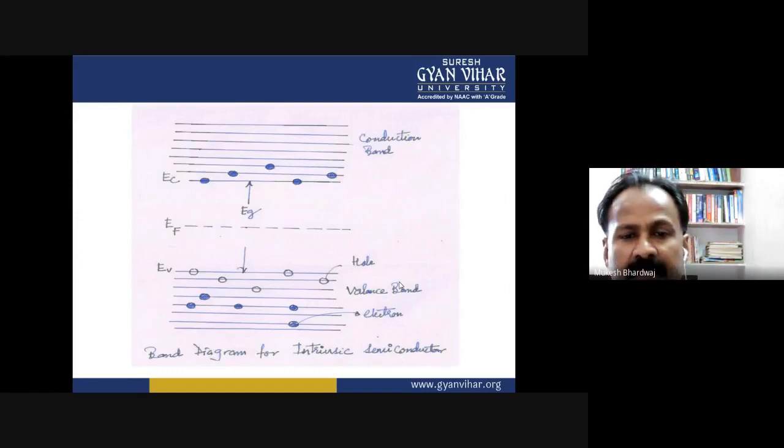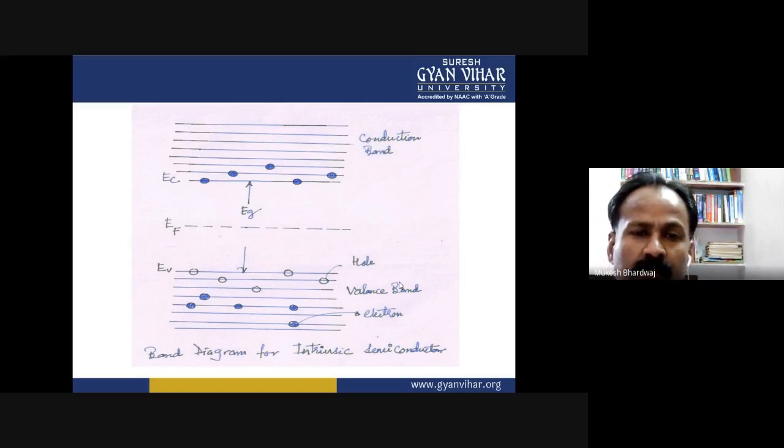Again, this is the pictorial representation of a pure semiconductor, in which there is the valence band and the conduction band, and at the very center position between these bands, one dotted line is marked, and this line is known as the Fermi level.